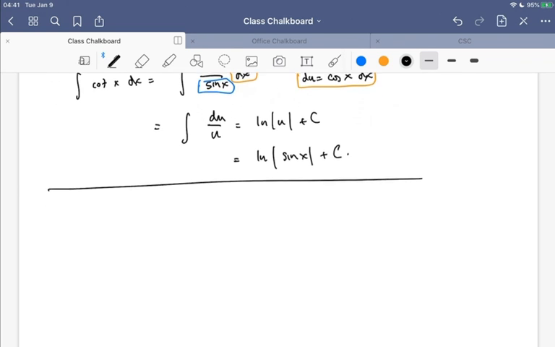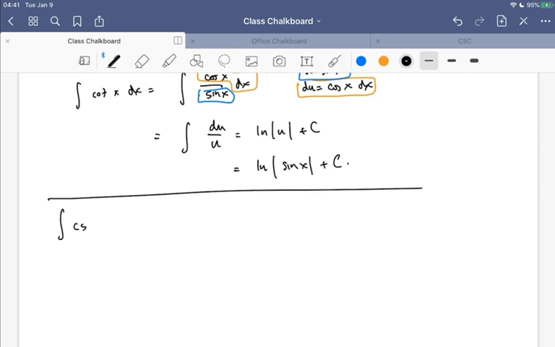Then the other one that's a little bit more fun was the integral of cosecant x. The trick we have to pull is to multiply by this funky fraction.